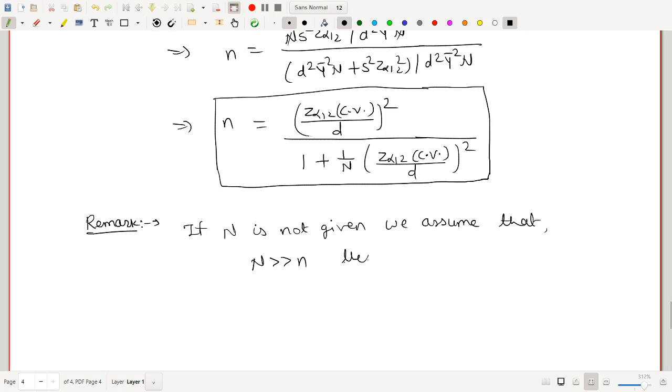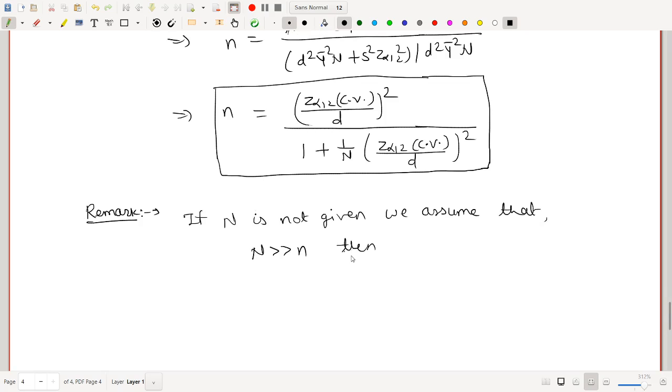Then, if capital N is very large, suppose it tends to infinity, then this quantity becomes 0. Then the approximate value of n will be z alpha by 2 into coefficient of variation divided by d, whole bracket square.